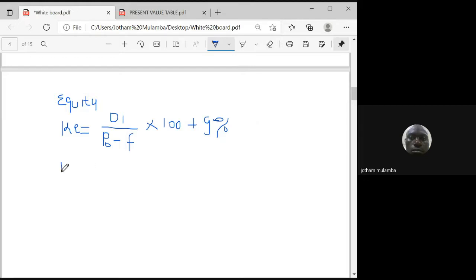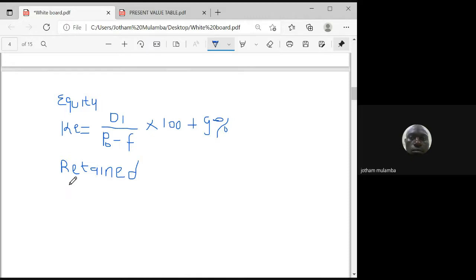The second one related to equity is retained earnings. Remember, we said the profit that an organization makes, they usually don't distribute the whole amount to the shareholders as dividend. They usually keep part of it, so that whatever they have retained is what we refer to as retained earnings.